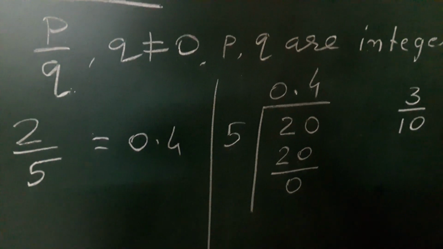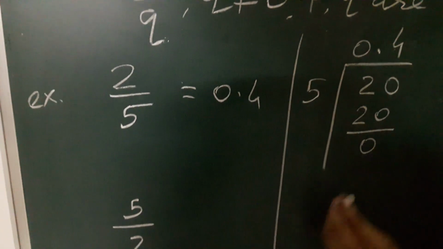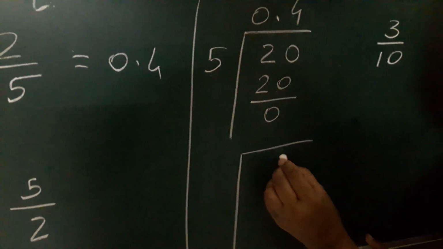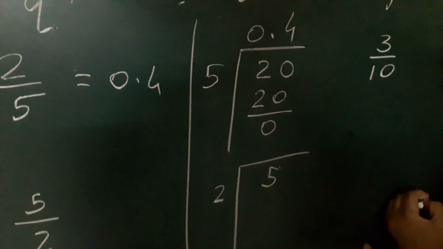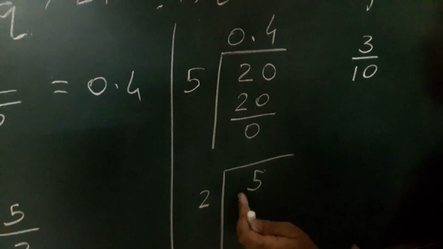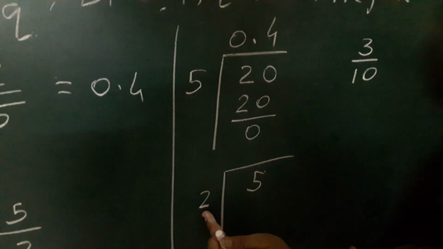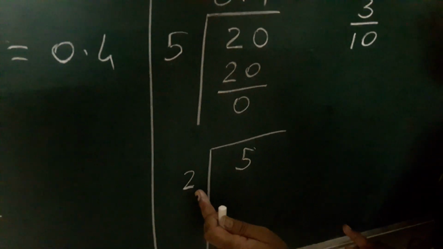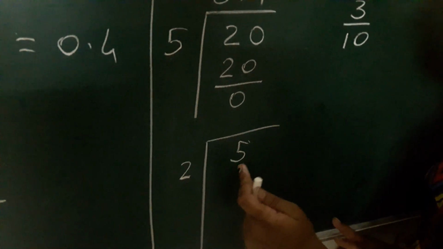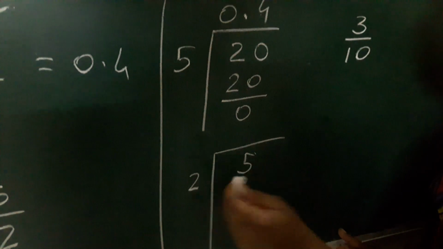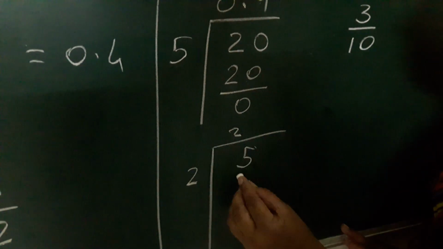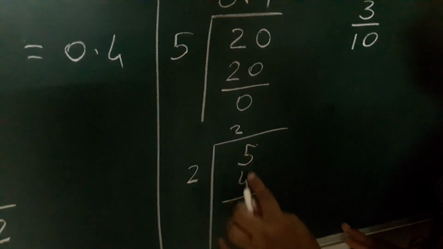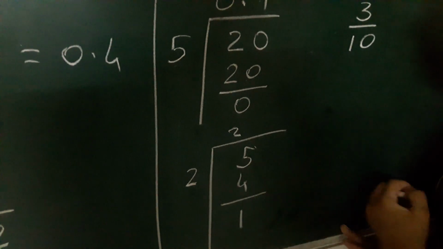Now 5 by 2. 5 divided by 2. In the table of 2, 2 1s are 2, 2 2s are 4, 2 3s are 6, and 6 is greater than 5. So we take 2 2s are 4. 5 minus 4, 1.